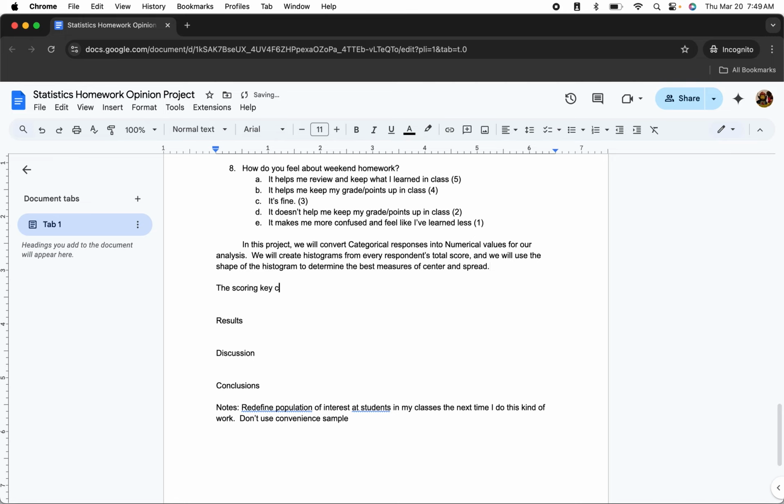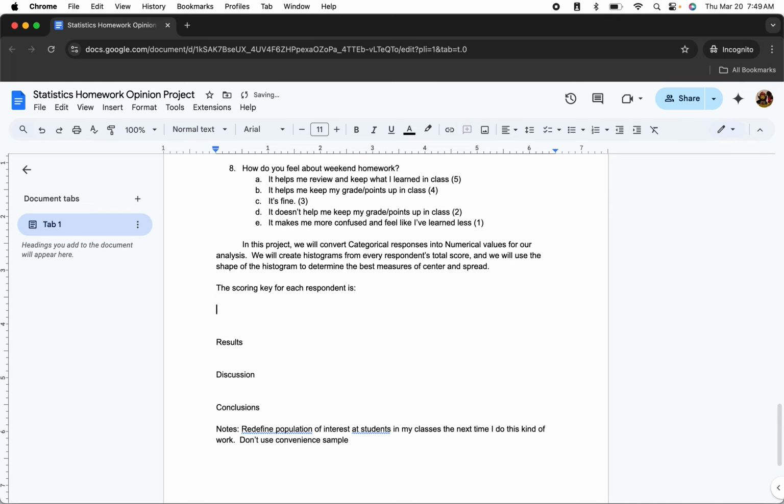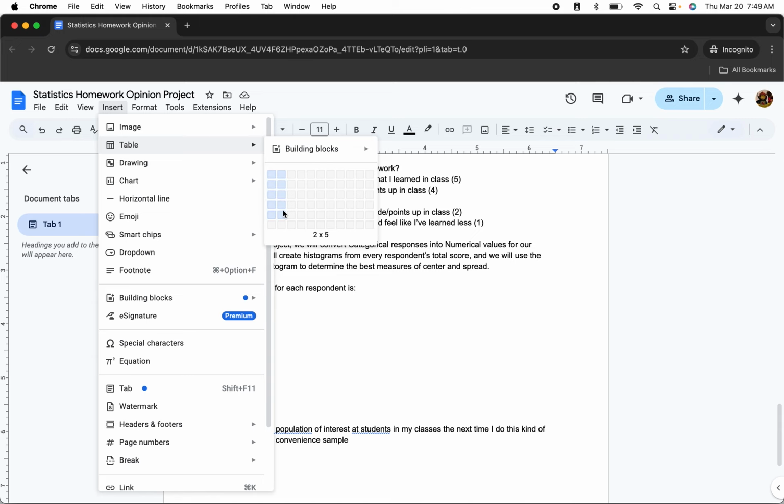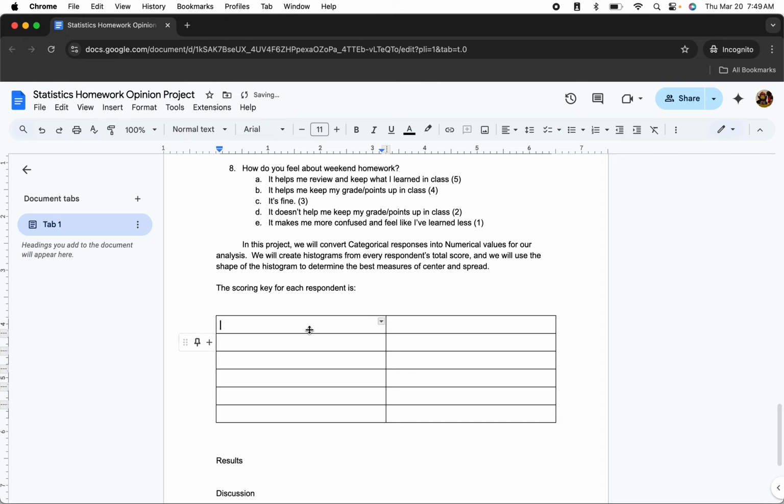The scoring key for each respondent is, so now this is where I'm going to do my numerical stuff. It might be useful if you insert a table, and I'm going to go 2 by 6 so that I can have a header line of score range and interpretation.